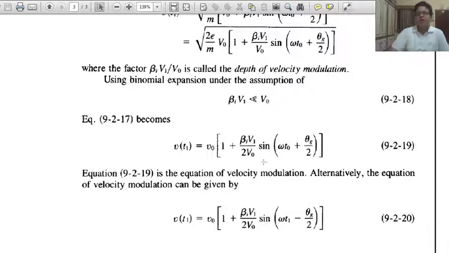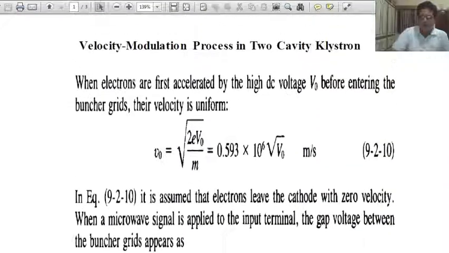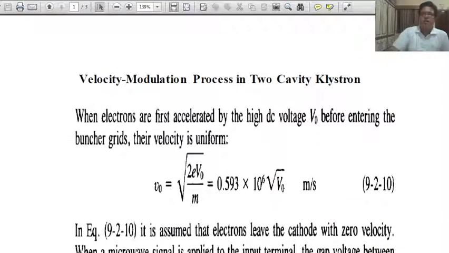In the next articles, when necessary, we will take this expression directly. So remember it. You can easily see how we understand velocity modulation in the two cavity klystron.